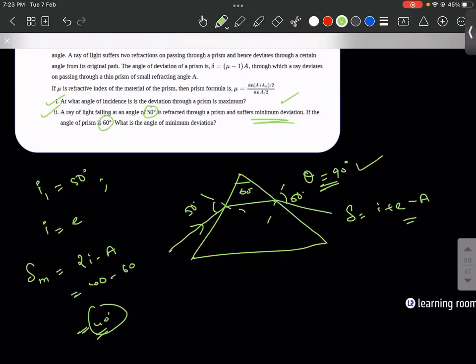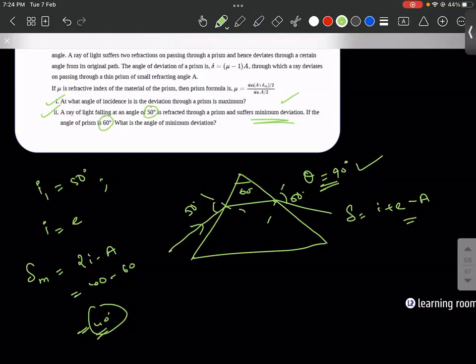Sir, then the first subdivision, if A is fixed, then I should be maximum. If you take this formula, the angle of deviation is i plus e minus A. Then A is fixed, it is 60, it's given, then i should be maximum.